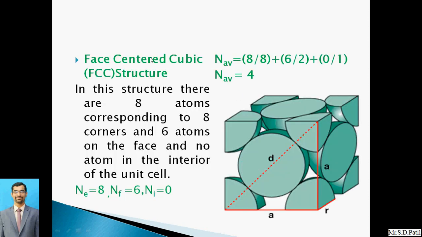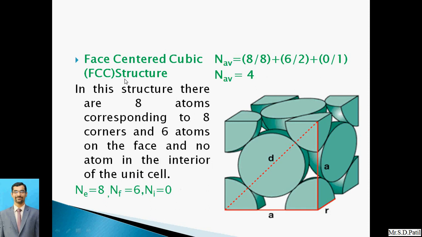Now we will see how the calculations are carried out. Nc is equal to 8 here, Nf is equal to 6, where Nc is the corner atoms. On the corners 8 atoms are there, on the faces 6 atoms are there, but in the interior there is no atom. So no atoms in the interior of the unit cell, so the Ni term will be 0.